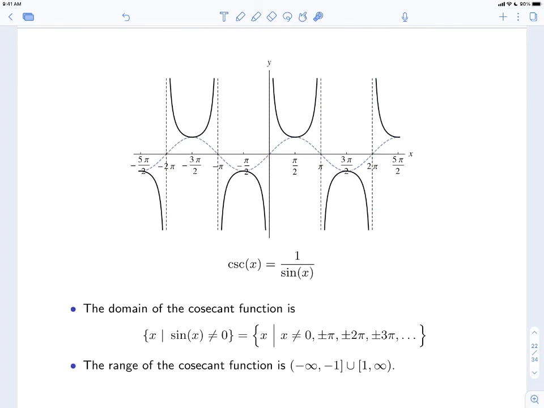Similarly to secant, the range of cosecant is -infinity to -1, including -1, and 1 to infinity, again including 1. The domain of cosecant is the set of all x's such that sine of x is not equal to 0, so we're just ruling out all of the integer multiples of pi.